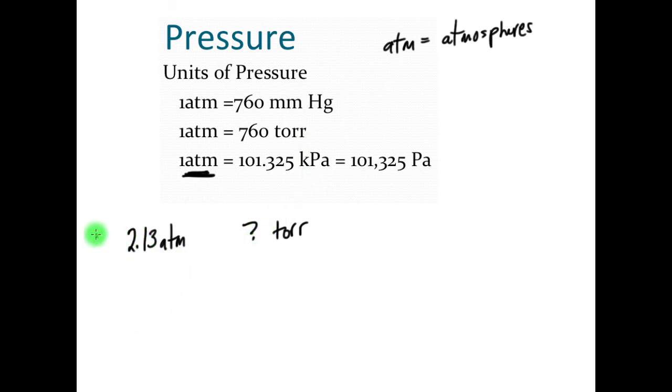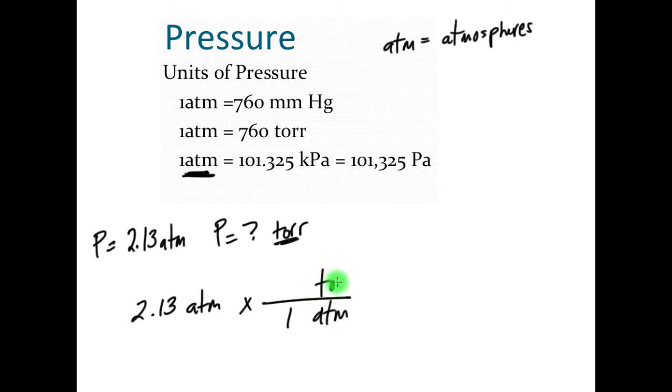If my pressure is equal to 2.13 atmospheres, and I need to get my pressure into units of torr, I'm just going to use dimensional analysis like I did in previous units, right? We're going to start using some more math again, so you might want to brush off your math skills. So 1 atmosphere is equal to how many torr? 760.